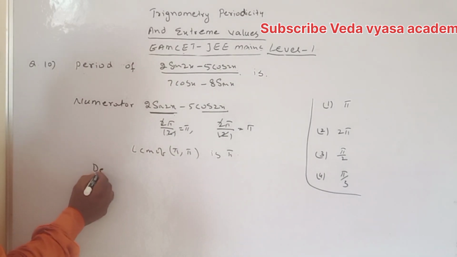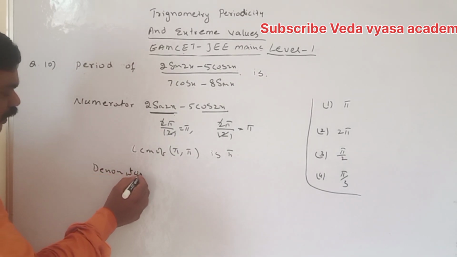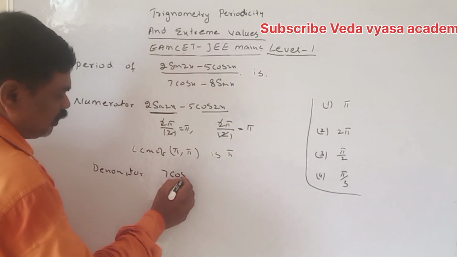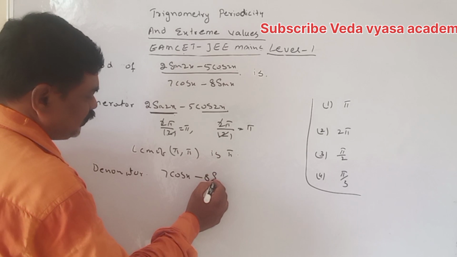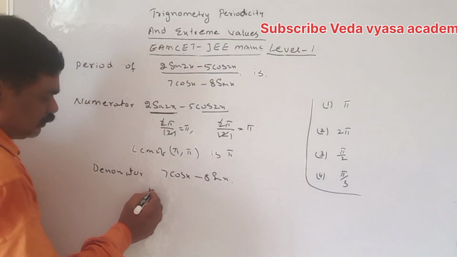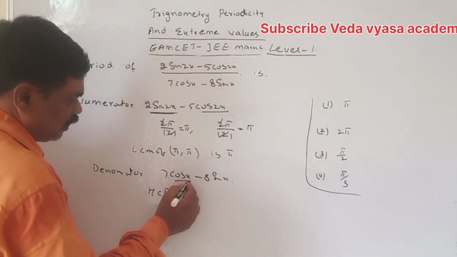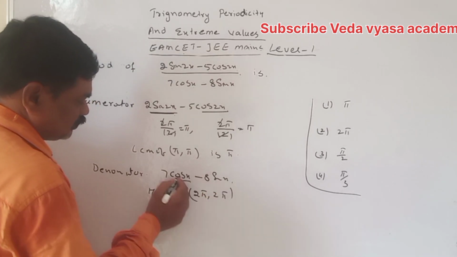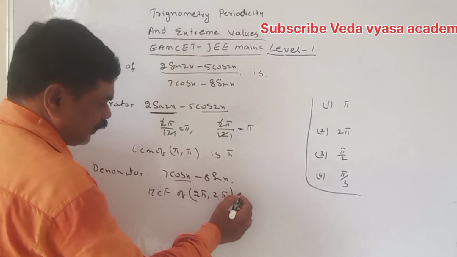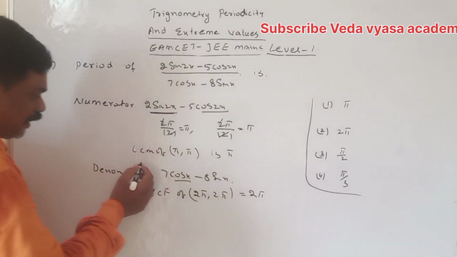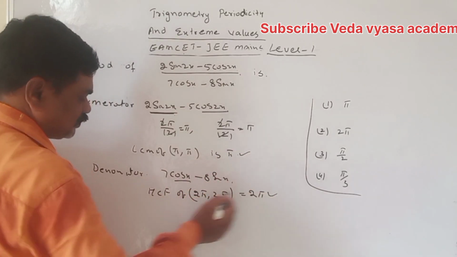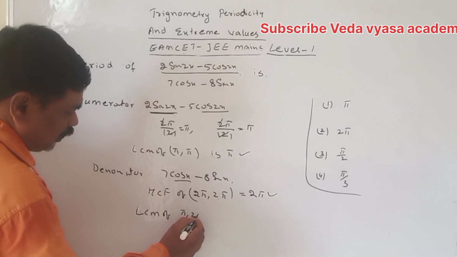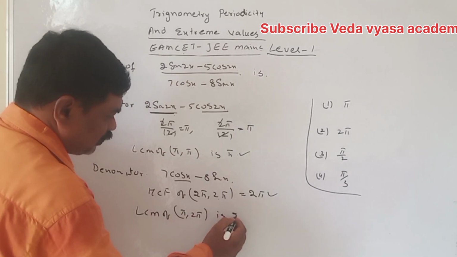Again the denominator, 7 cos x minus 8 sin x. So the HCF of cos x, period 2 pi, and sin x, period 2 pi, is 2 pi. Again you take the LCM of the numerator period and the denominator period. So the LCM of pi comma 2 pi is 2 pi.